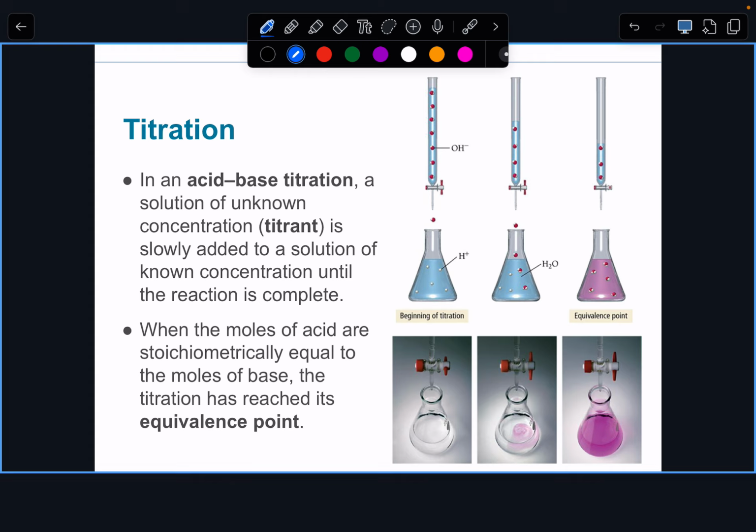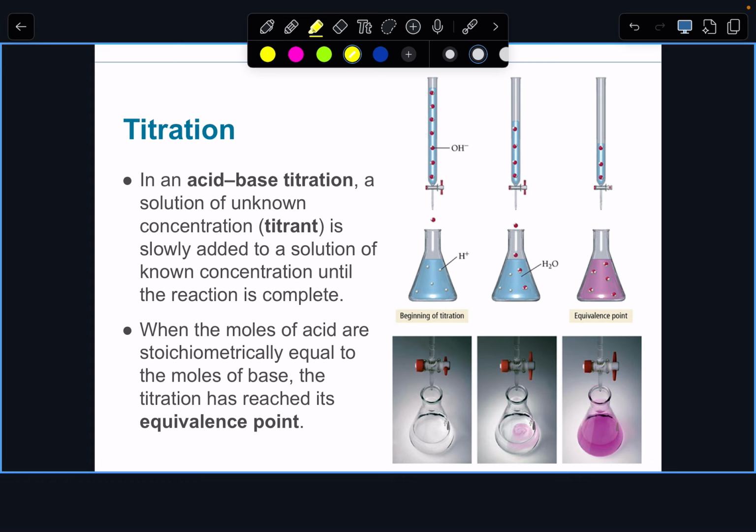So we can calculate the pH before we add any base. We can calculate the pH once we've neutralized some of the acid by adding base. And then we can also look at the pH at the equivalence point. When you're doing a strong acid and strong base, that's just 7. You've neutralized everything. Because when we say equivalence point, we mean however much acid you have, you've added that much base now.